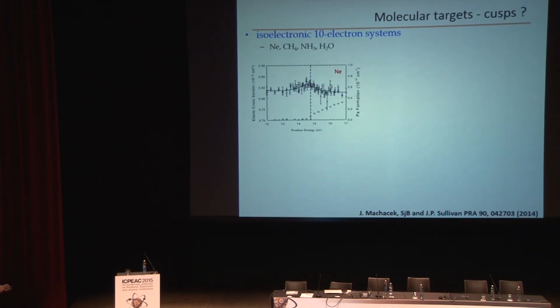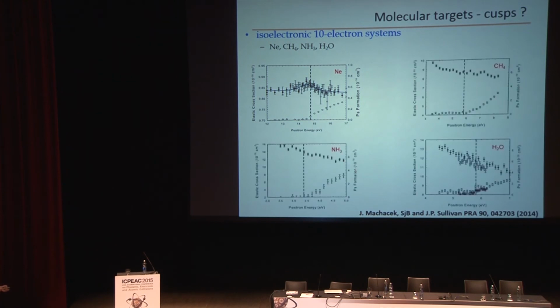We had a look, so this is the case of neon. We had a look in some molecules which are isoelectronic to neon, so containing 10 electrons. So methane, ammonia, and water. And we don't see any evidence of a cusp in those molecules.